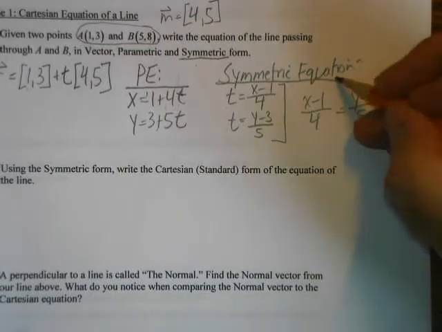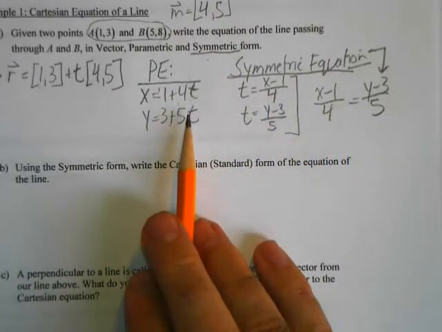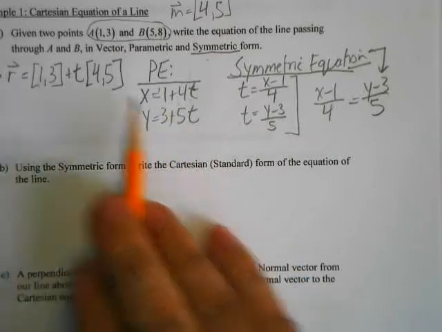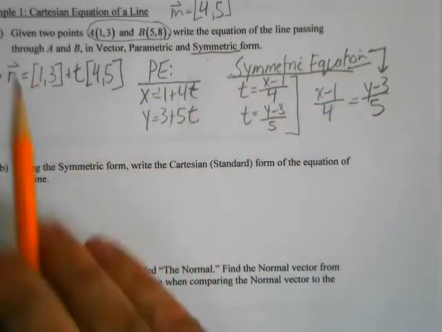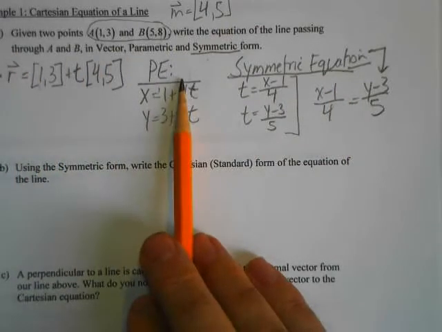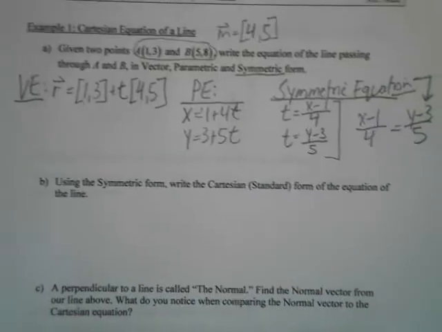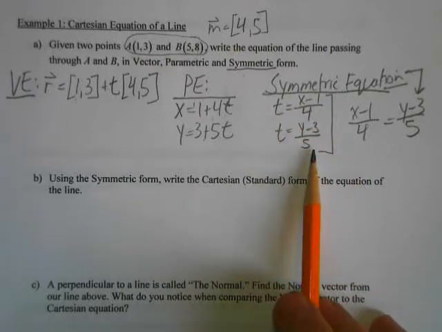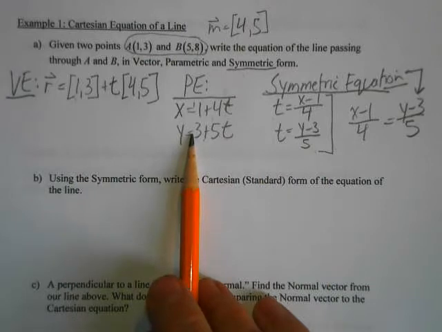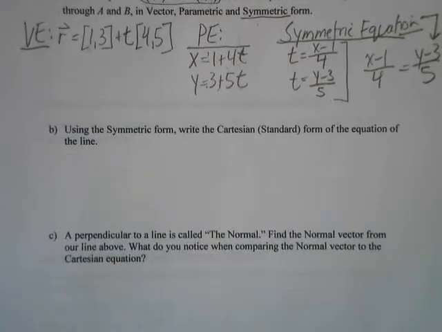So here is the symmetric equation, and you can see how we built that from the parametric equations, which we built from the vector equations. So all these have a natural flow to them. You basically start with the vector equation, build your parametric equations, and then your symmetric. And you can actually work backwards. I'm not going to be doing that today, but I could give you the symmetric equations of a line, which would allow you to create the parametric equations, which would then allow you to create the vector equation. So they're all very closely related.